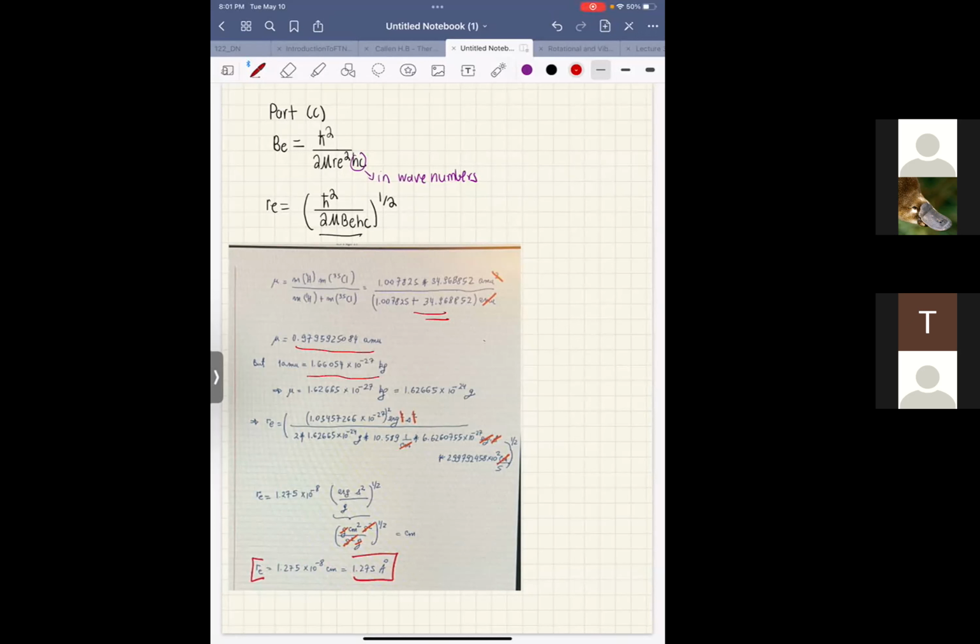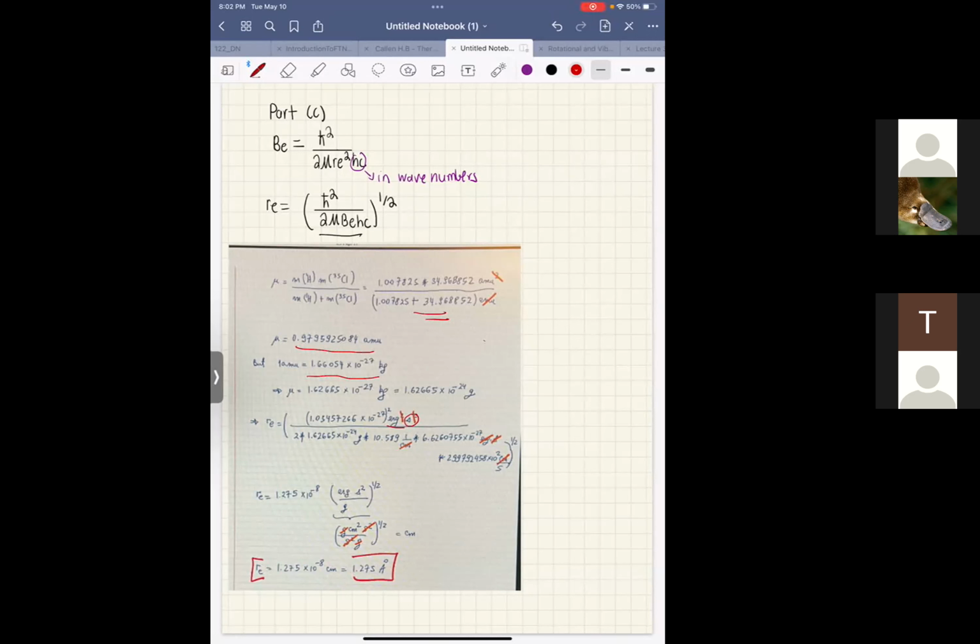And then what he also did, since we have centimeters to the -1, we can use I believe CGS units. So then we use ergs and seconds, because H bar is in terms of ergs and seconds.